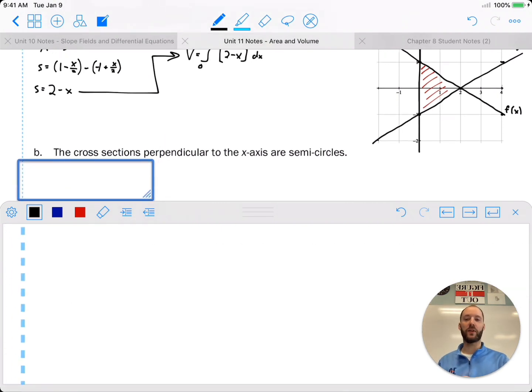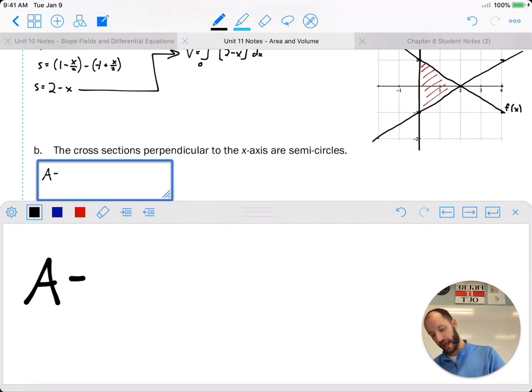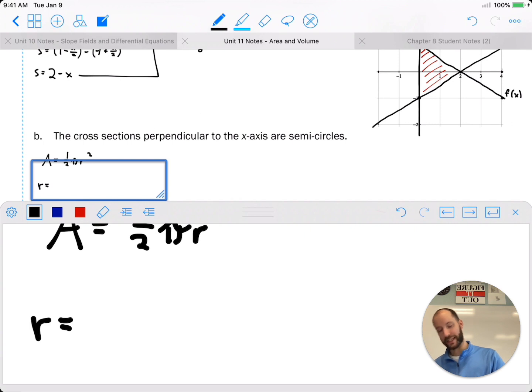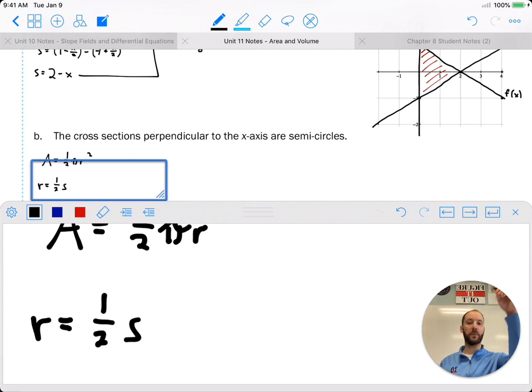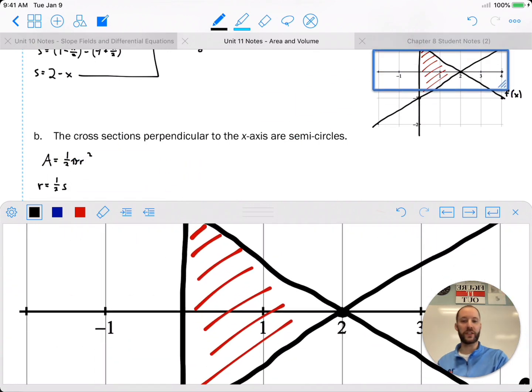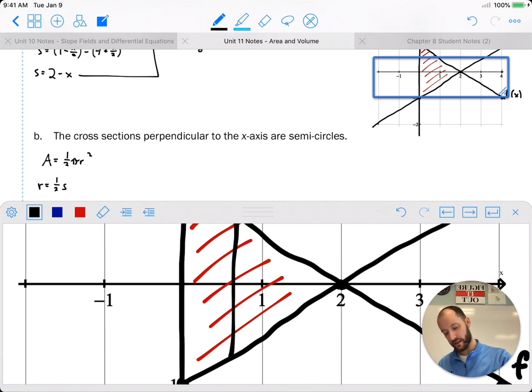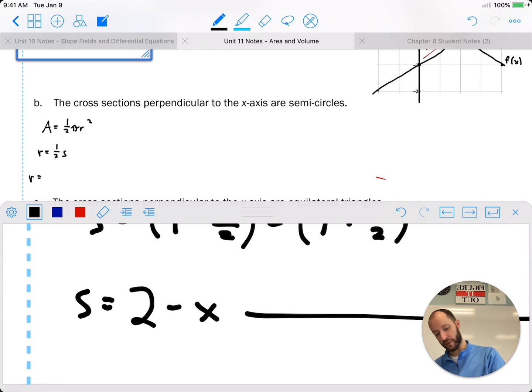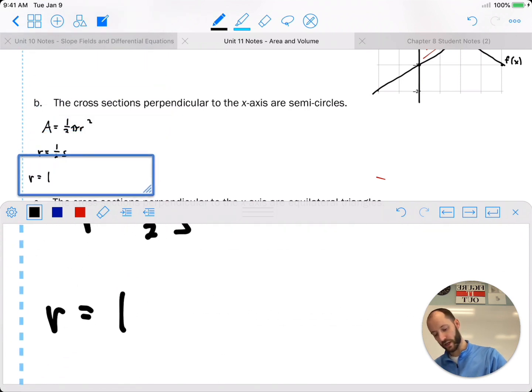Cross sections are now semicircles. Semicircle, half a circle, so the area is 1/2 pi r squared. r is half the diameter, or half of s. The top minus bottom, the length of any representative rectangle in this area. So 1/2 s, take the s from up here, 1/2 of that is 1 minus x over 2.